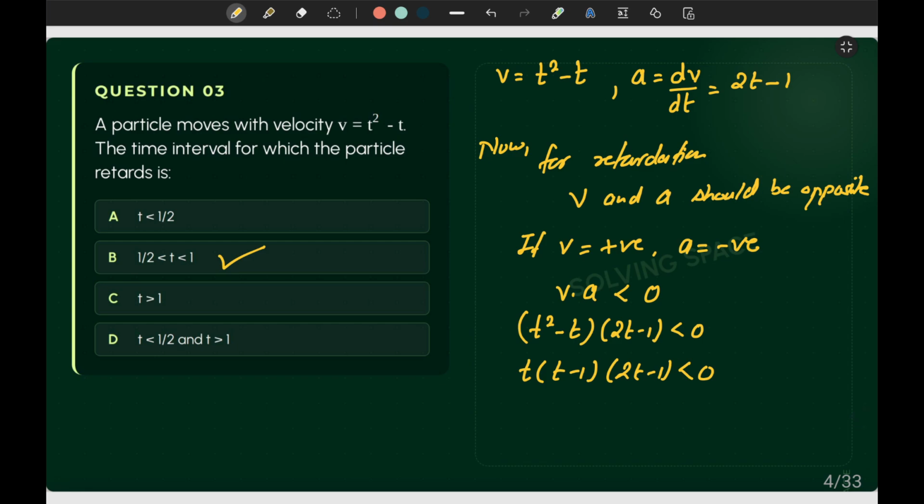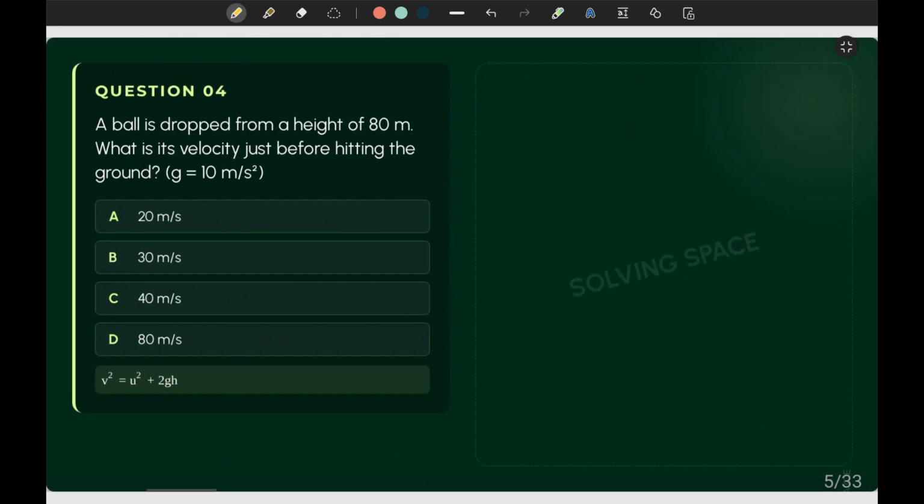Now moving to the fourth question. A ball is dropped from a height of 80 meter. What is its velocity just before hitting the ground? The options are A, B, C and D. This is a very simple question, and the hint is also given.